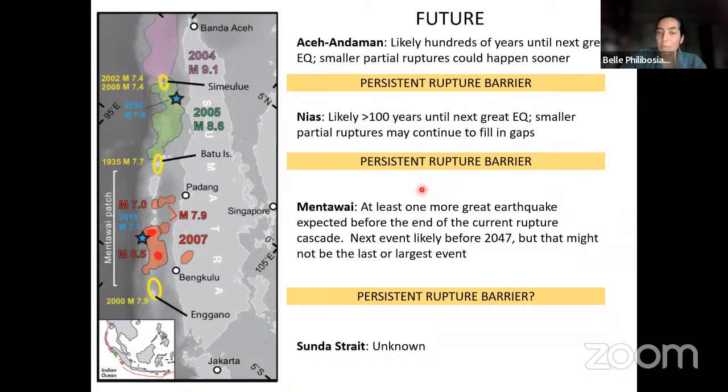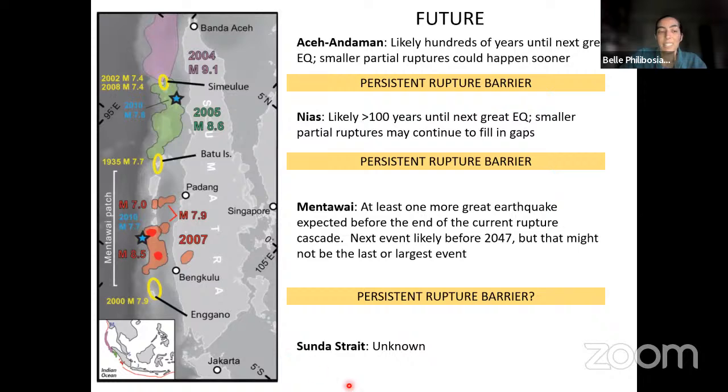In the Mentawai area, we expect at least one more great earthquake before the end of the current rupture cascade. And given what we observed in the previous cascades, it's likely before 40 years go by, that is before 2047, but that might not be the last or the largest event in the series.